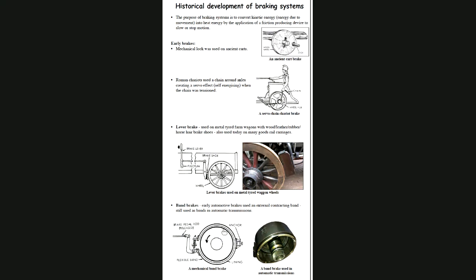And these are used now on parking brakes on trucks, and more importantly, on bands in automatic transmission, so that when you take off in first, the first band is tightened on first gear, and it's tightened by an electronic solenoid.